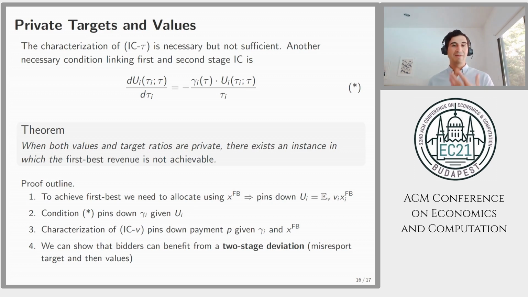And now, if you have the multiplier gamma and the allocation, you can use the characterization of IC that we have, together with Myerson's formula, to fully characterize the payments. Now, you already have the allocation and we have the payment, so the mechanism is fully specified. And once we fix the mechanism, we can show that bidders have a two-stage deviation that is beneficial. So they can misreport their targets and their values, and this could be profitable, and that implies that first best is not achievable.